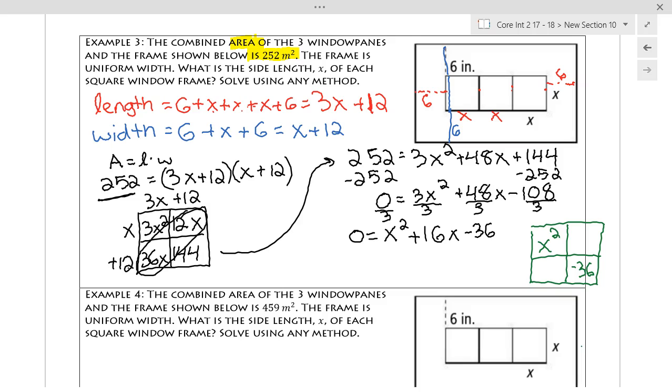My two numbers are 18 and negative 2. So 18 times negative 2 is negative 36. 18 plus negative 2 is 16. So x squared is x times x, x times positive 18, x times negative 2.